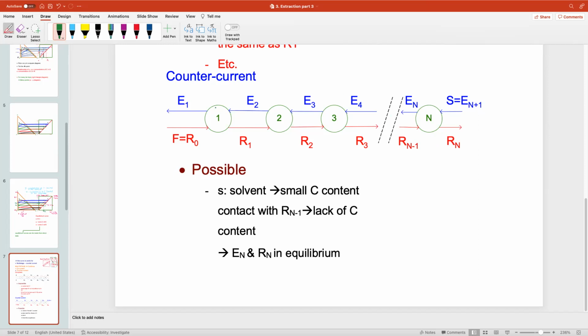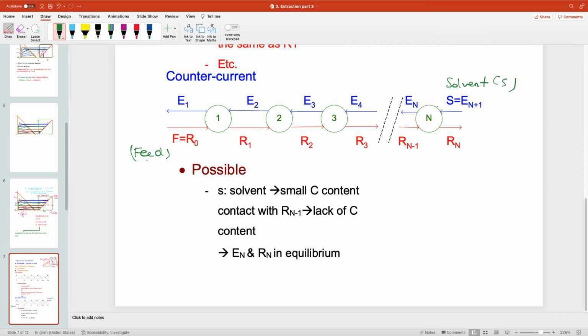Okay, in the countercurrent extraction, suppose we have n stages, ada 6 tahap. In the beginning, in stage 1, we put F, the feed, and then on the other side, stage N, we put S, the solvent. In one type of stages, it can be a mixer and settler.